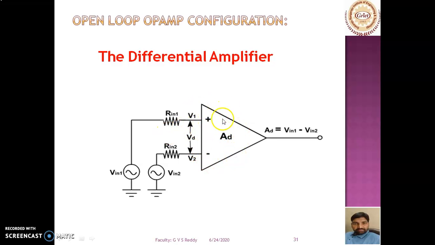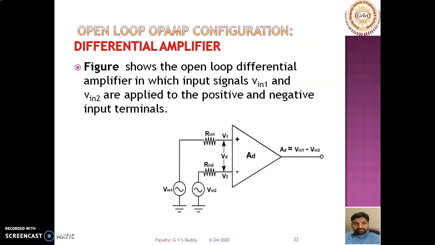Diagram. So here is an operational amplifier with two inputs. This is the inverting input and this is the non-inverting input, and the two inputs are VIN1 and VIN2. This is an open loop differential amplifier in which input signals VIN1 and VIN2 are applied to the positive and negative input terminals.